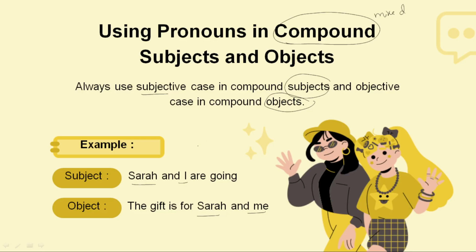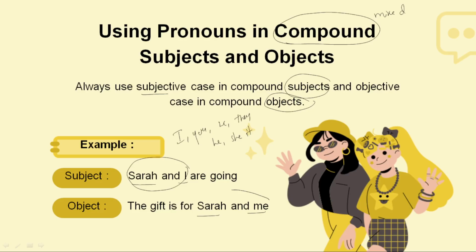What are objective case and what are subjective case? I repeat, the subjective case means I, you, we, they, he, she, it. So here, in Sarah and I, Sarah is a noun and I are both the subjects. So we have to use both at the first part only. Okay, here Sarah and me, these are the objects.